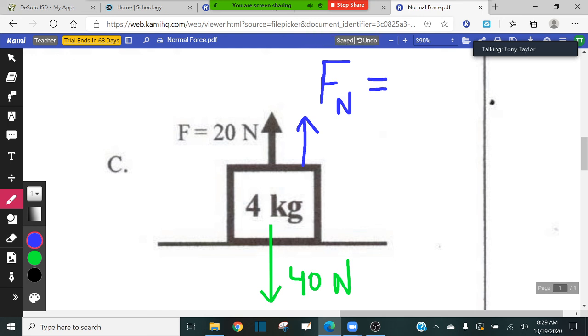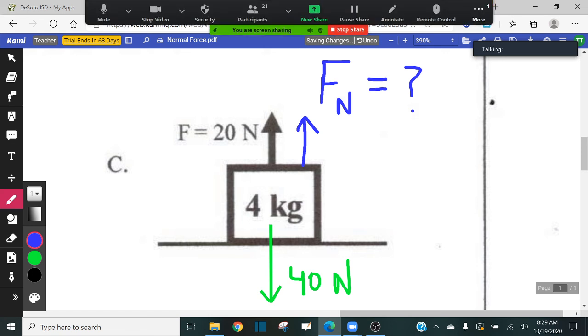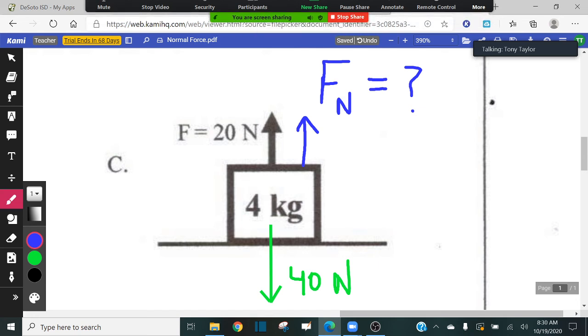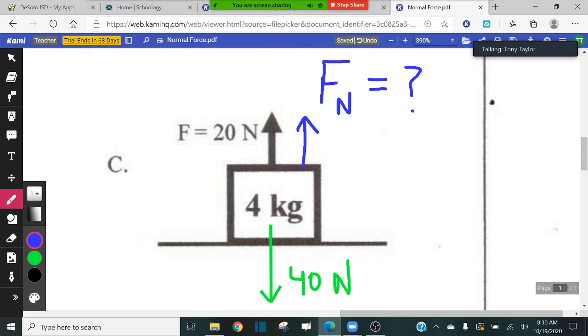All right, guys, it's the last one. So come on, guys. Someone answer me. What do you guys think is the magnitude of this normal force here? It's not 60. Pablo, if you were pushing down on the block, then it would be 60. However, you're not pushing down on the block.